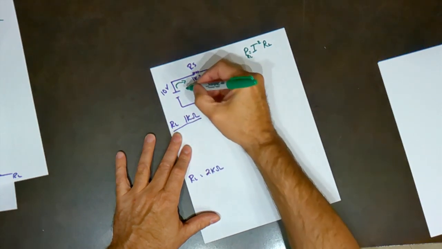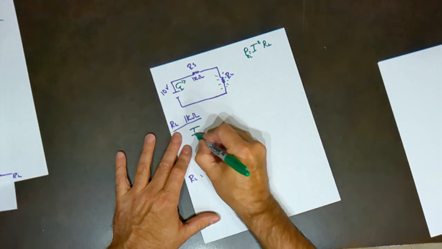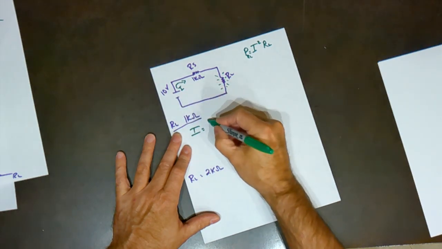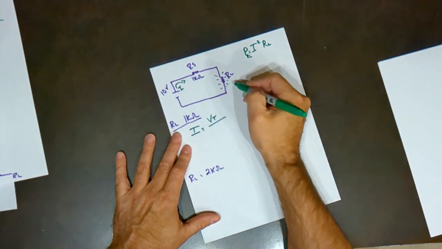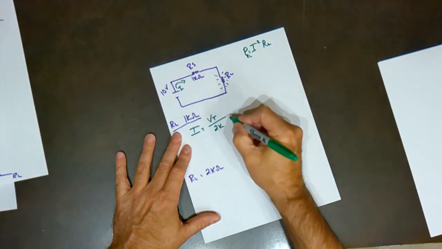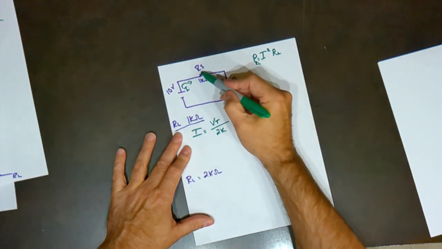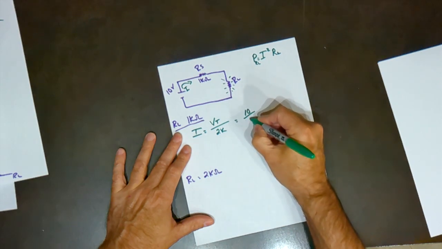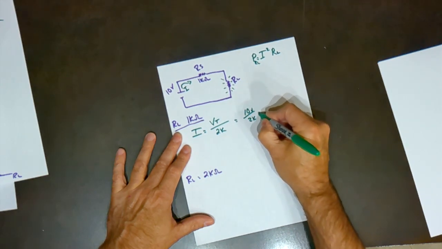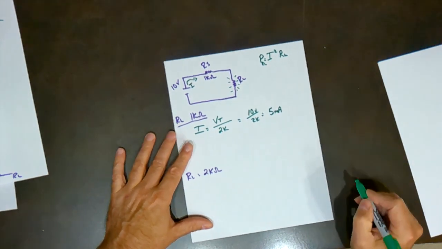So the current is equal to the total voltage, which is 10, divided by the total resistance, which is 2K. It's this one plus this one, because it's a 1K resistor and a 1K resistor, so 2K. That's 10 divided by 2K, and that gives me 5 milliamps.